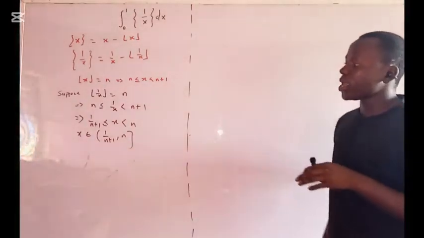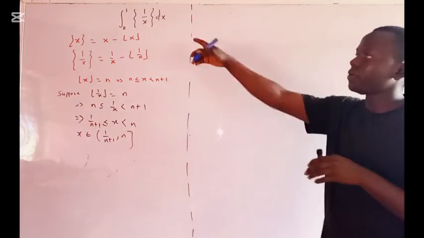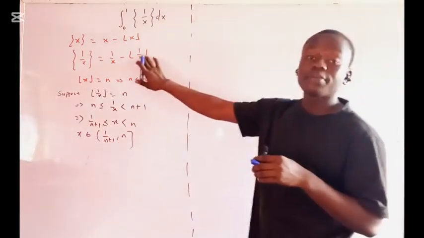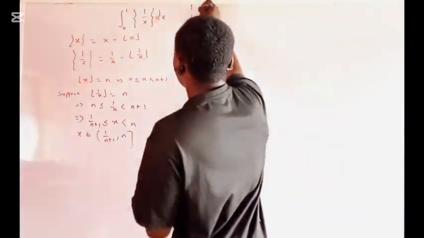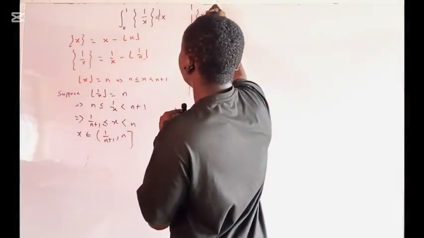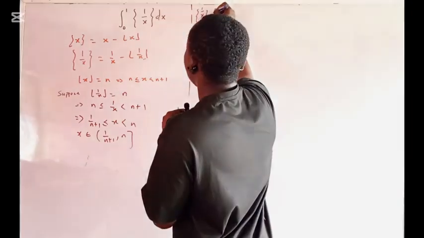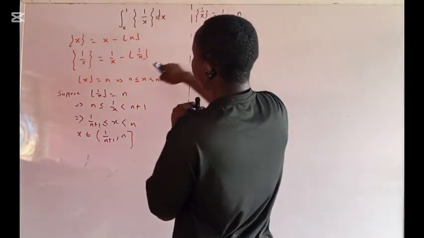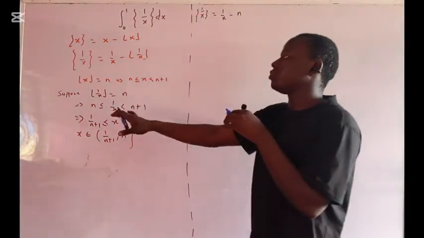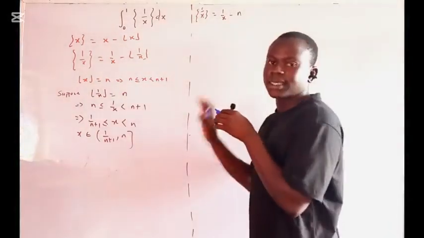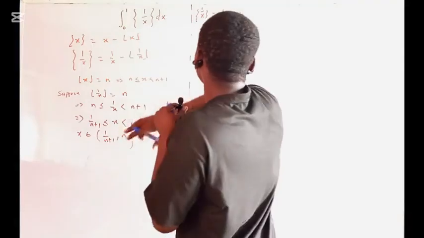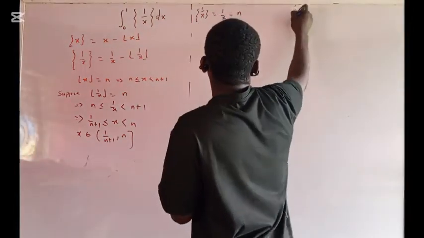Then we can rewrite this particular function. The fractional part function of 1 over x will be equal to 1 over x minus n, since we supposed that the floor function of 1 over x is equal to n. So we can now write this integral entirely.